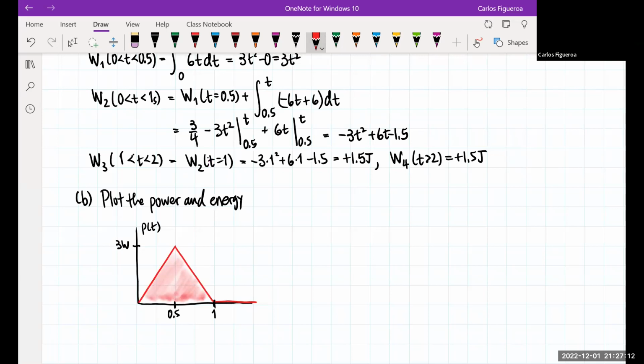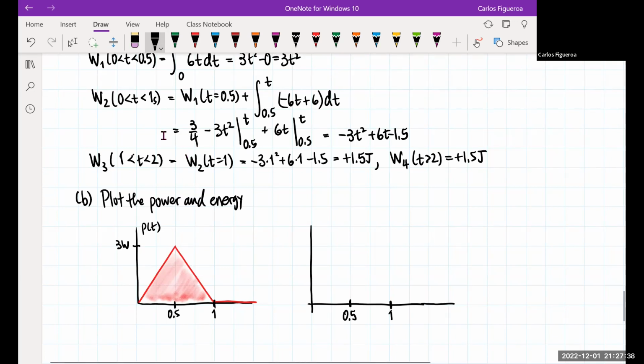Now I could say the same thing about the energy. So if I look at the energy, this should be different. So I'm going to go again, half a second. I'm going to go to 1, and then it'll go on to 2 here. But what do we actually see here?